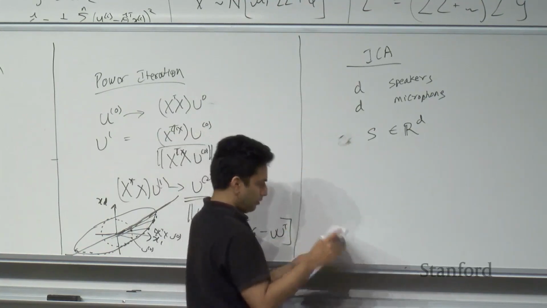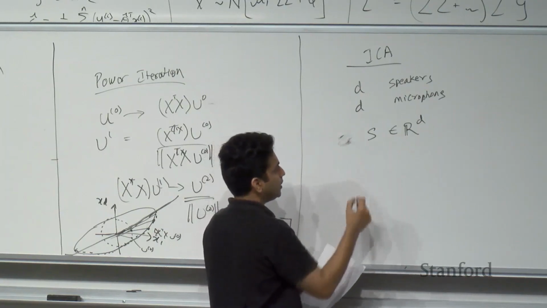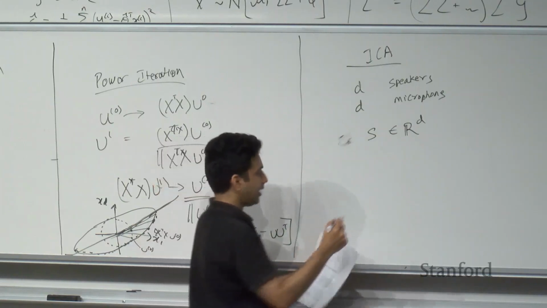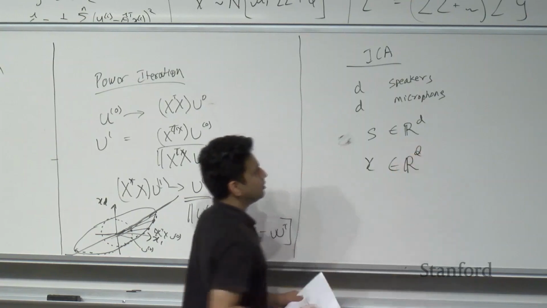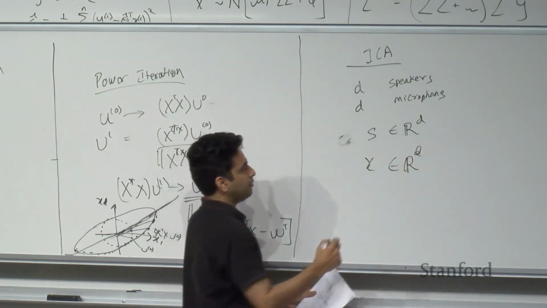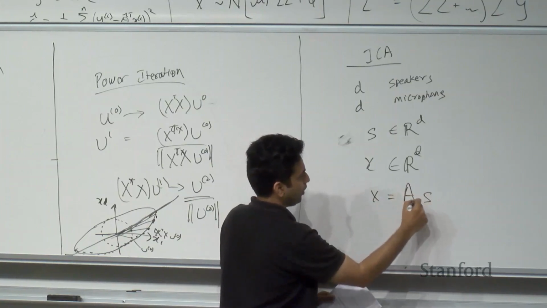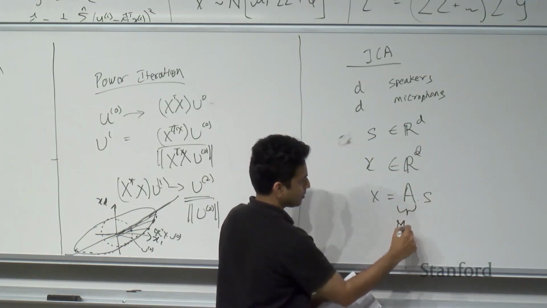We also assume that the recordings in the D microphones, which we will call X, are also in R^D, and that X is equal to A times S, where A is commonly called the mixing matrix.